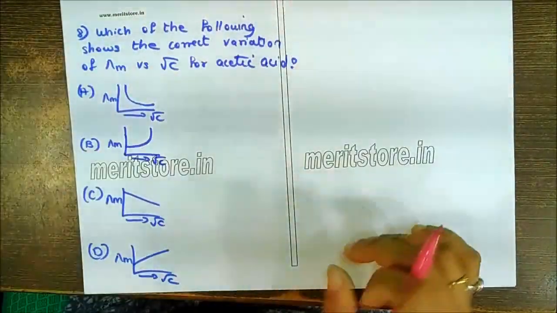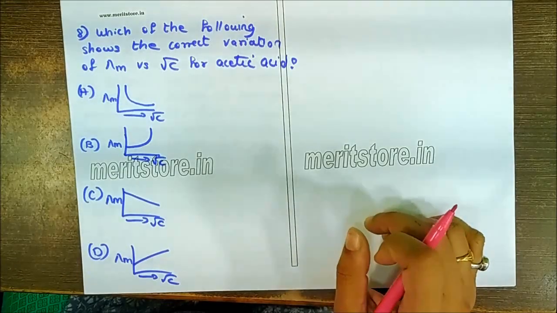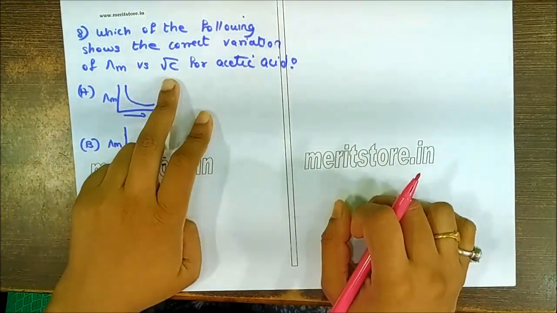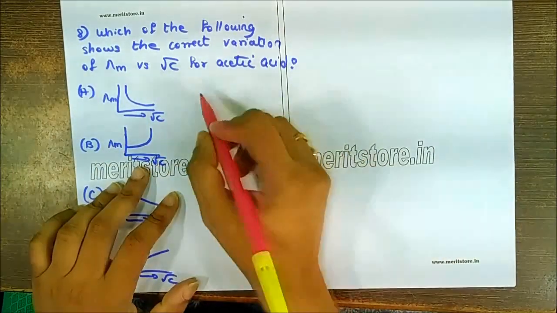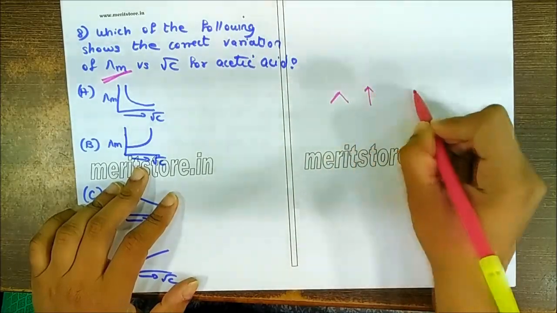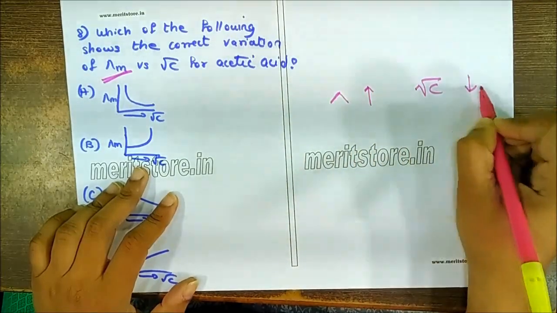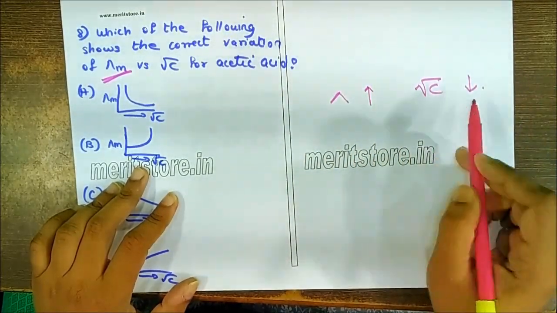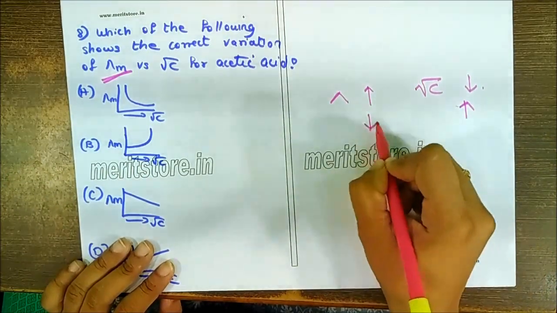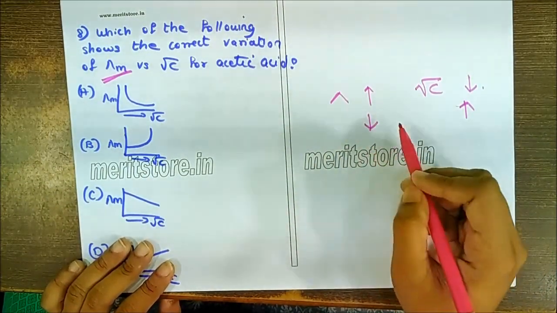Question number 8 is which of the following shows the correct variation in the molar conductance versus C for acetic acid. Now when we talk about the molar conductance, it always increases with decrease in concentration. So if the concentration is increasing, the molar conductance is expected to decrease.